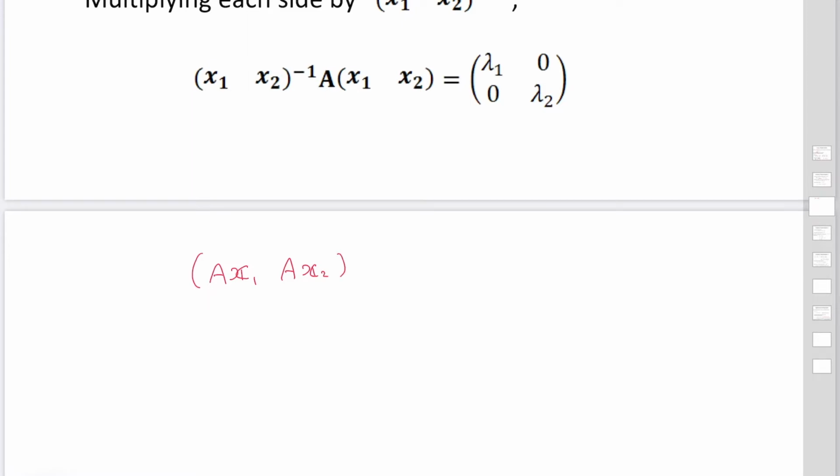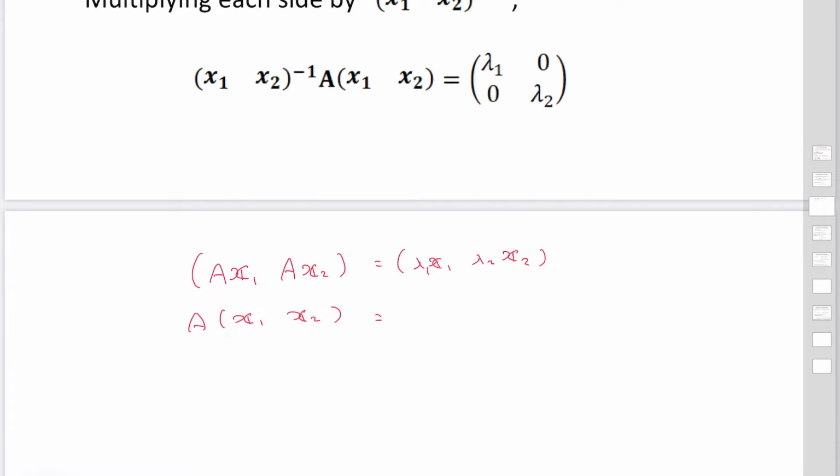The vectors are combined to form a single matrix, expressed as lambda sub 1 x sub 1, lambda sub 2 x sub 2. And the left hand side can be expressed as A times the matrix (x sub 1, x sub 2). This becomes a matrix.